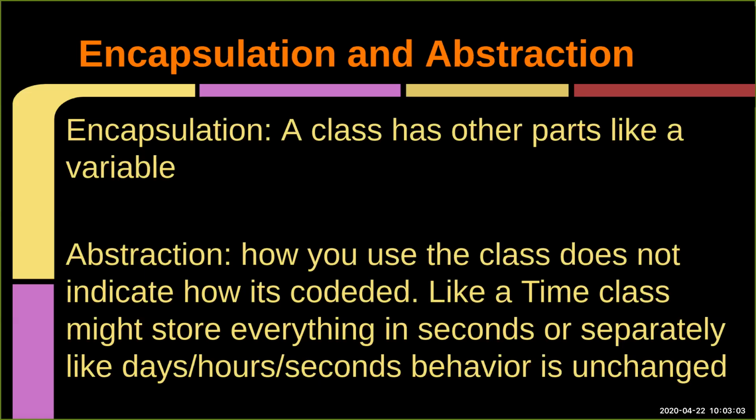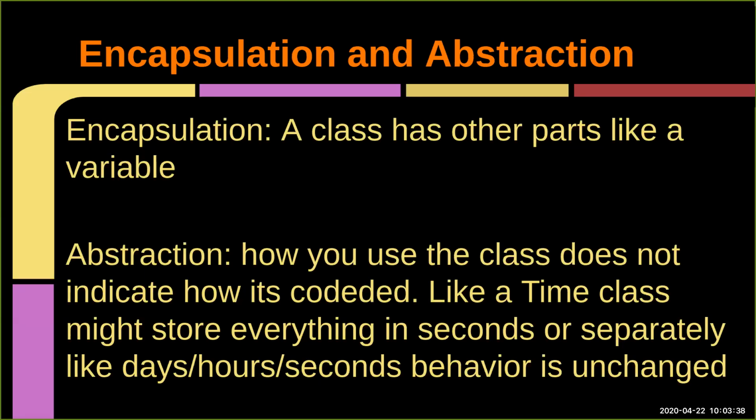It could have lots of variables, and it's encapsulating those variables, wrapping them and calling it itself, and all those variables are important parts of it. We've done a lot of encapsulation in this class. Every time we write a class, we're doing encapsulation. That's just the word for a class that has other parts, as opposed to an empty class, which would not be encapsulation.